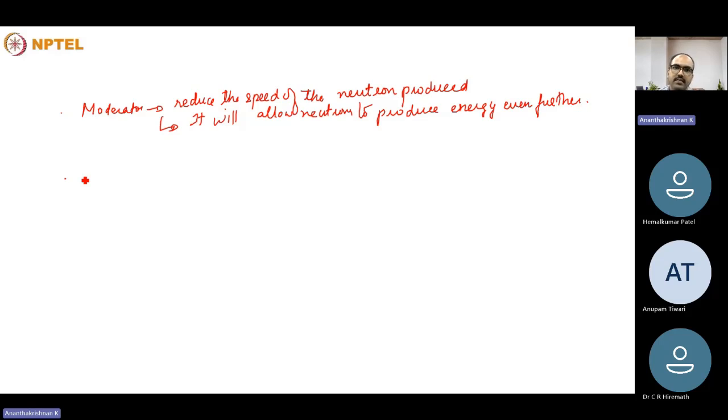Once it is pressurized, the chances of it staying in the water state are very high, even at higher temperatures. So water is pressurized to maintain its liquid state.